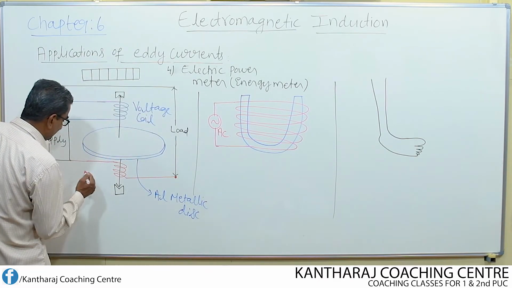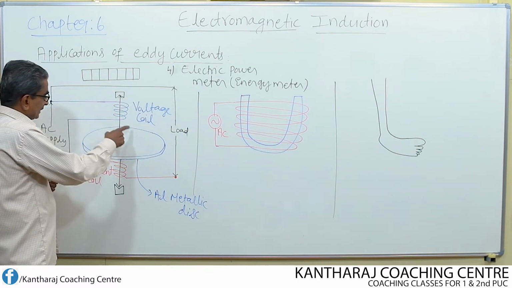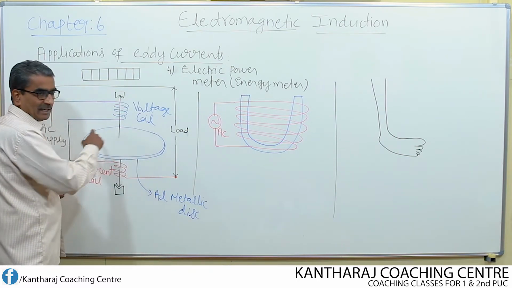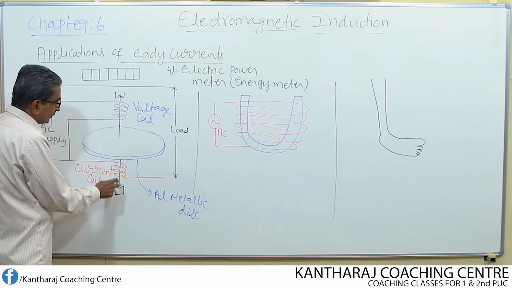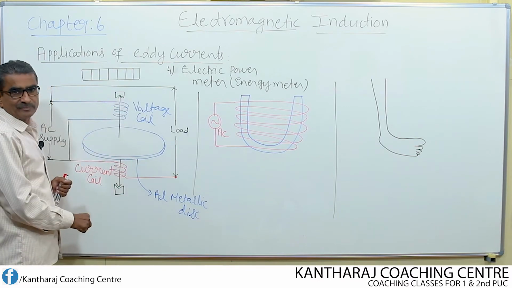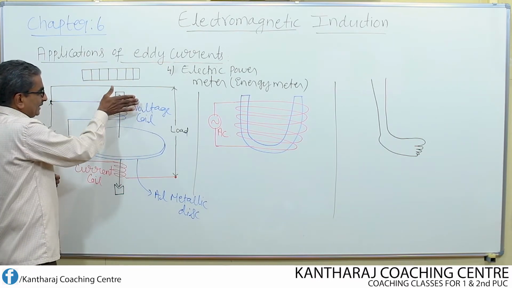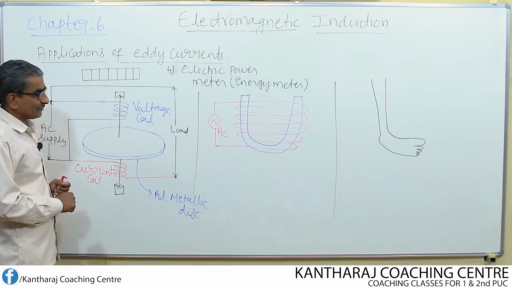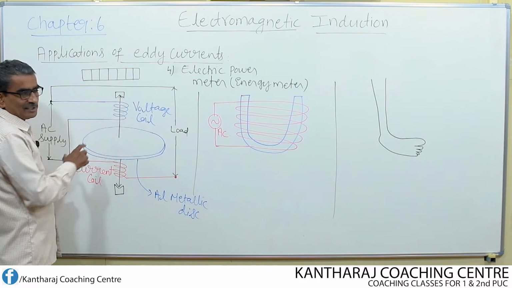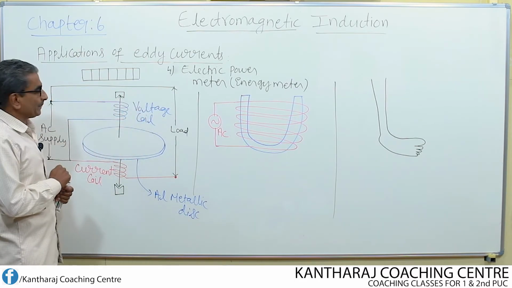So this power meter consists of a shiny aluminum metallic disc, which is able to rotate between two supports with the help of an axle. Two copper coils are wound, one at the top of the disc and the other at the bottom of the disc. You can notice the coil connections, how the connections are made according to this diagram.